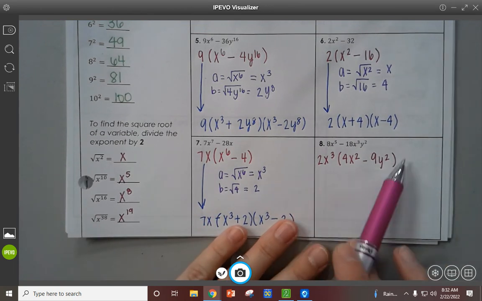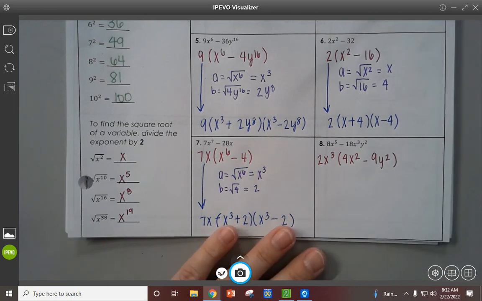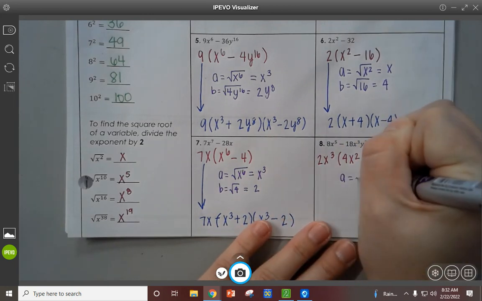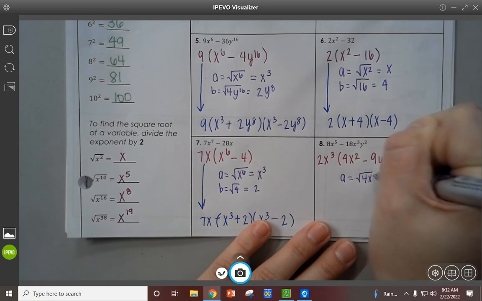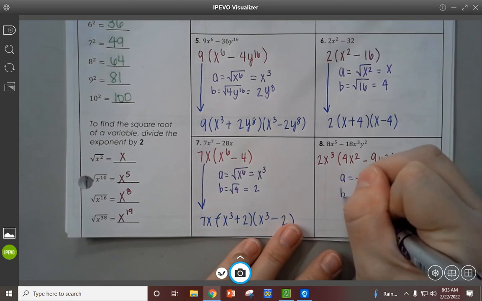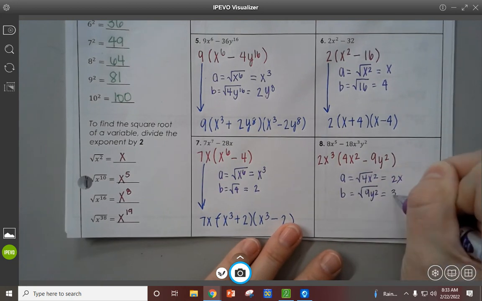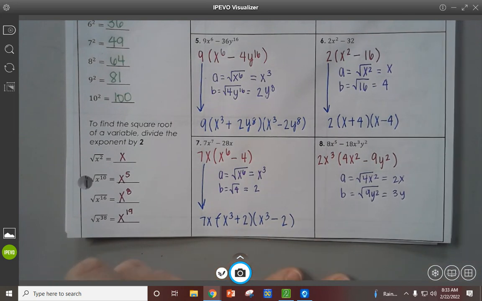Any questions on how I got the GCF? So my a is the square root of 4x squared, which is 2x. B is the square root of 9y squared, which is 3y. Any questions on that part?